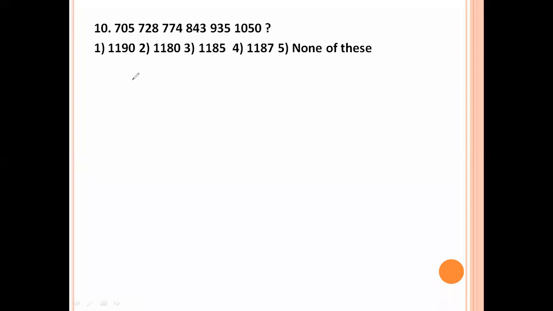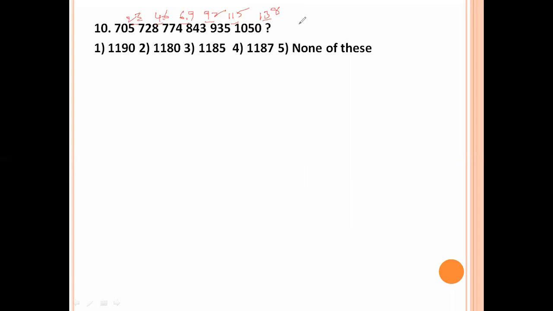Next, 705, 728, 774, 843, 935, 1050, question mark. Difference is less means find the difference first. Here 728 minus 705 is 23, 774 minus 728 is 46. Here the difference is 843 minus 774, which is 69. 23 1 jar, 23 2 jar, 23 3 jar, 23 4 jar is 92, 23 5 jar is 115, 23 6 jar, how much value? 138.